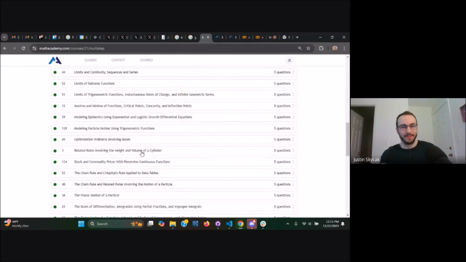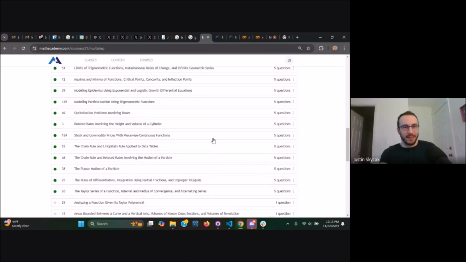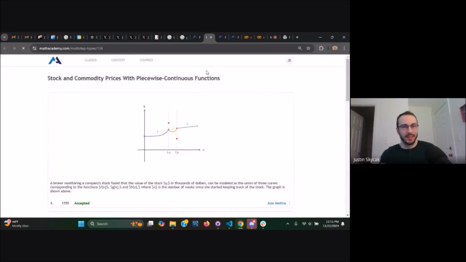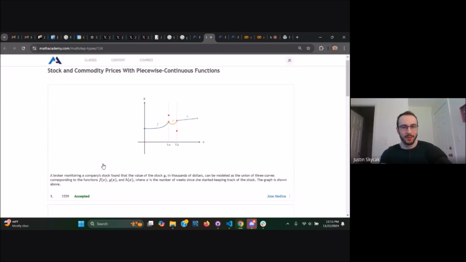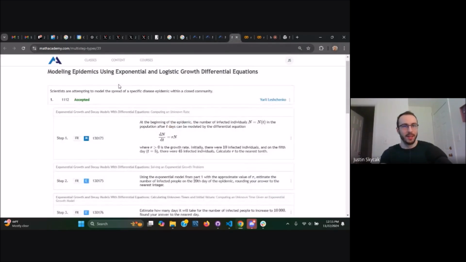You've got stock and commodity prices, which sounds kind of cool, where we're doing some investigation of stock prices. We've got modeling epidemics using exponential and logistic growth differential equations. So this was our initial conception of multi-steps. They're meant to prep students for the AP Calc BC exam.